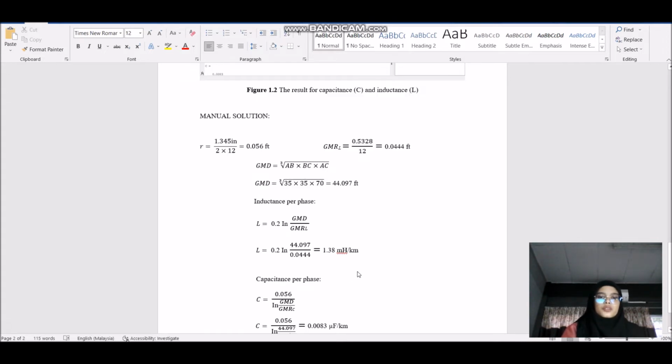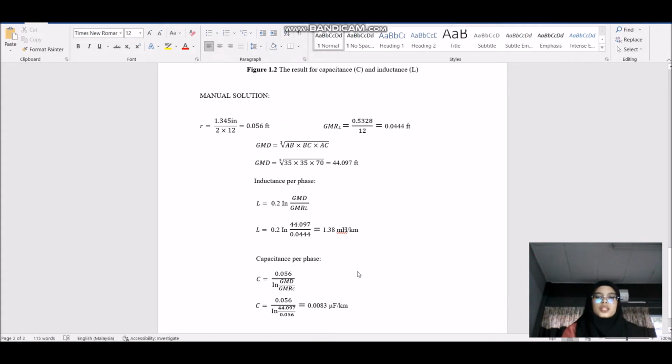After that, we need to find the value of capacitance per phase. They also give the formula. The formula of capacitance is 0.056 over ln GMD over GMRC. In this formula, we just need to find GMRC. GMRC is equal to R, but we need to convert inch to feet. So to find the GMRC, we use the formula: divide by 2 and divide by 12.